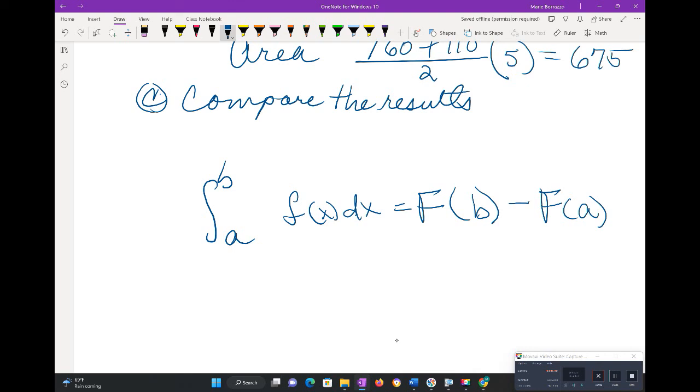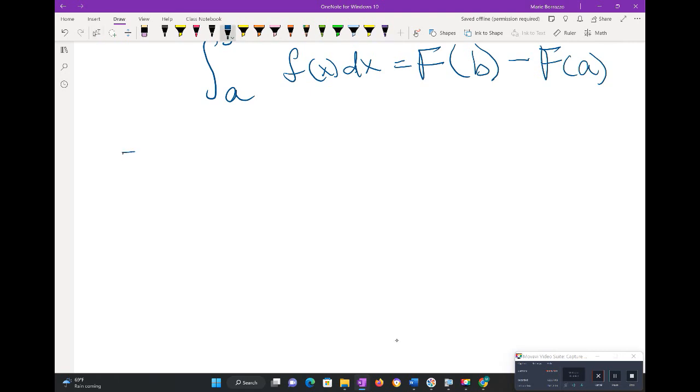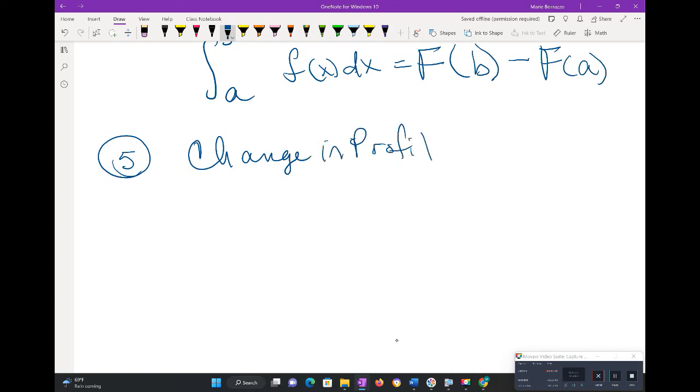So we already did examples 2 and 3. I believe we did example 4. Example 5 is a change in profit question, which we have not done. So let's look at example 5. They give us a change in profit question, and the question reads, basically, a company manufactures x HD TVs per month.